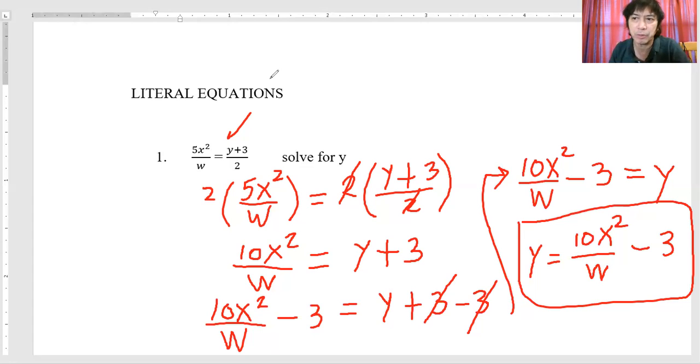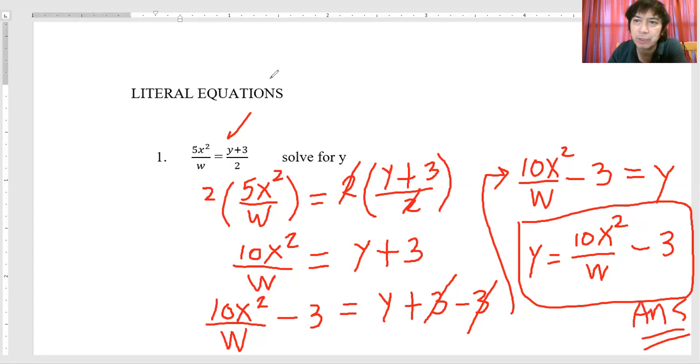Okay, after add, you may do divide. After multiply, you might do subtract. It's like that. Any of those can be your first step and second step, third, and so forth and so on until you get the required equation. Okay, so this is the answer there. That is y equals, all right, in terms of the other variables. This is how we do a literal equation.